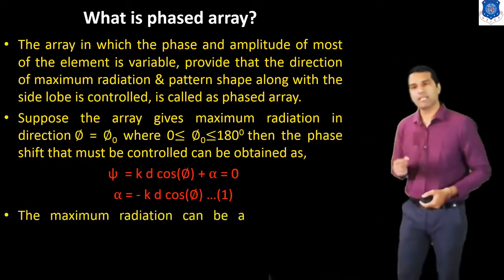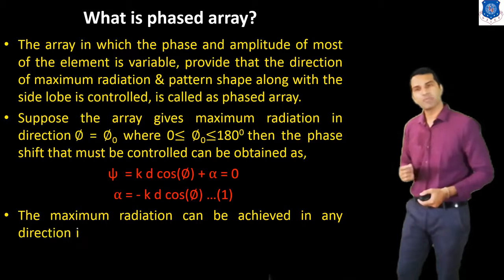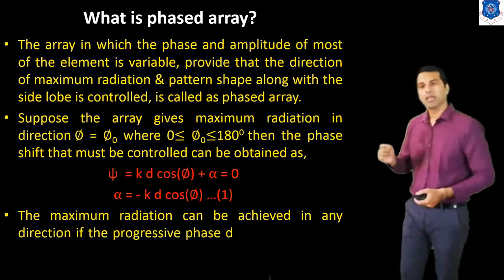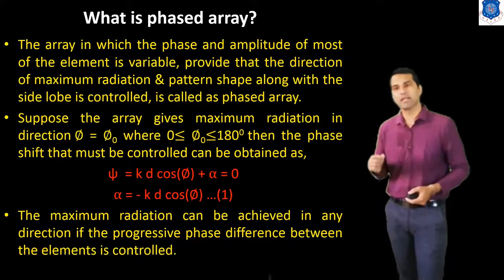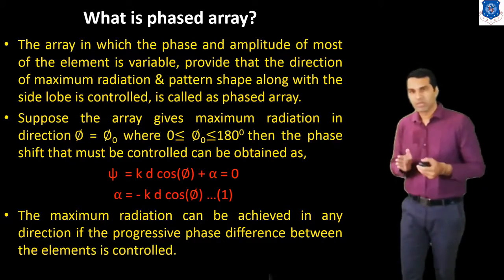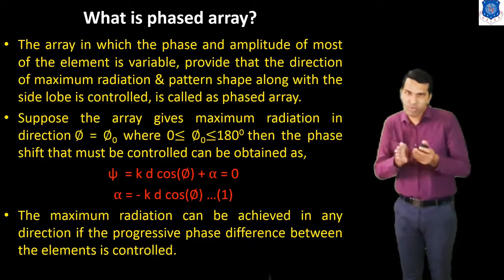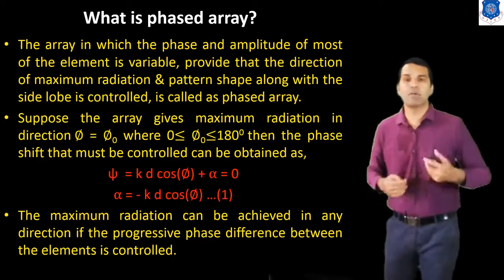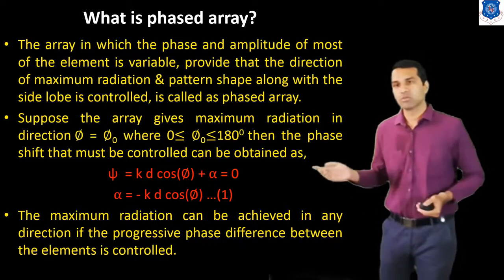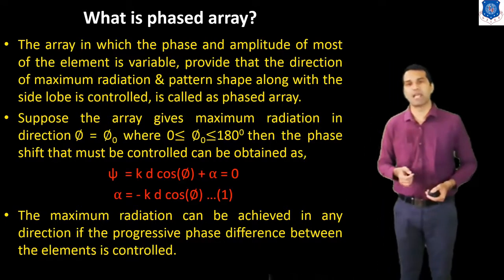The maximum radiation can be achieved in any direction if the progressive phase difference between the elements is controlled. That means when we control the progressive phase shift, we can achieve maximum radiation in our desired direction. This is the concept used in the phase array antenna.